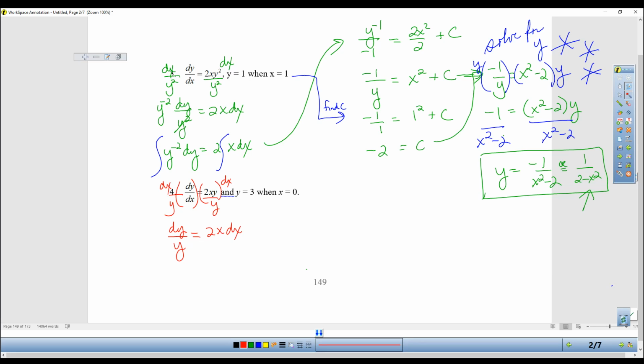So this is the special one. If you instinctively did this, that's great. I'm all for that. But then you start to integrate and you add the 1 and you're like, uh-oh, divide by 0. So that's supposed to trigger a giant warning bell in your head.